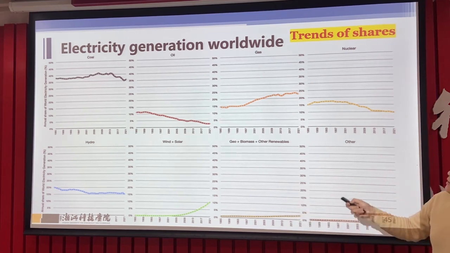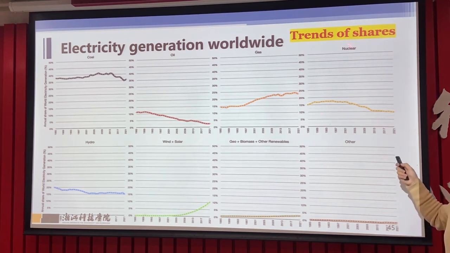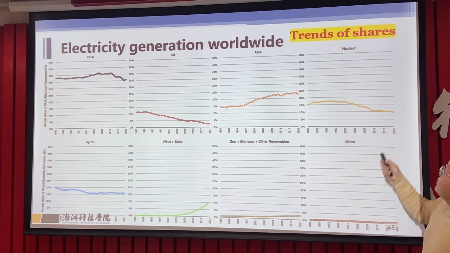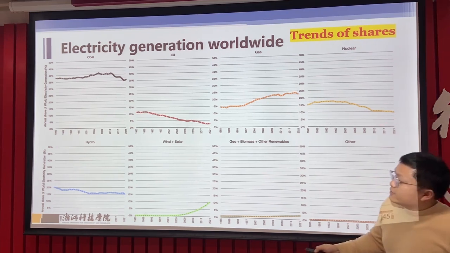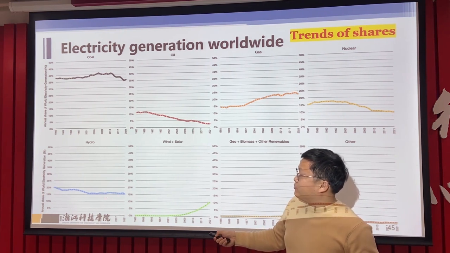For gas, it increased from around 15% to around 25% in the past years. And for nuclear power, the share decreased from 50% to 10%, and for hydropower, the share declined from 20% to 15%.